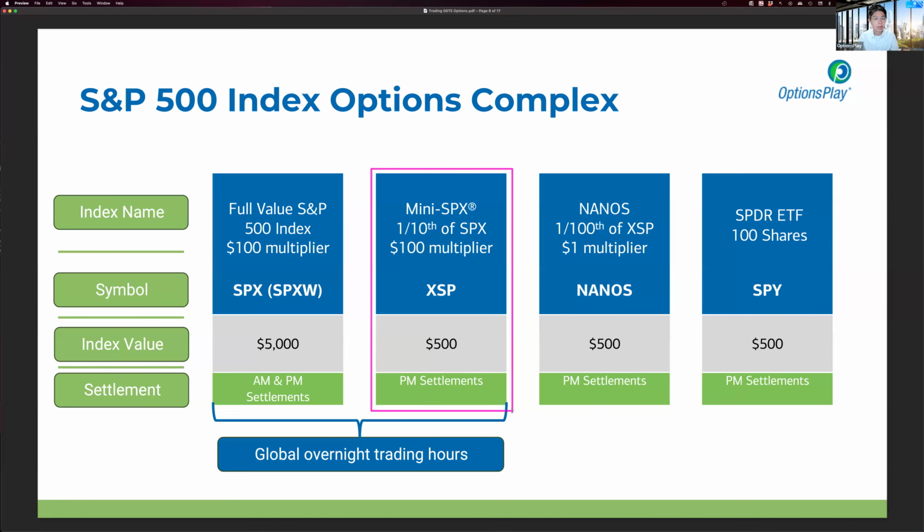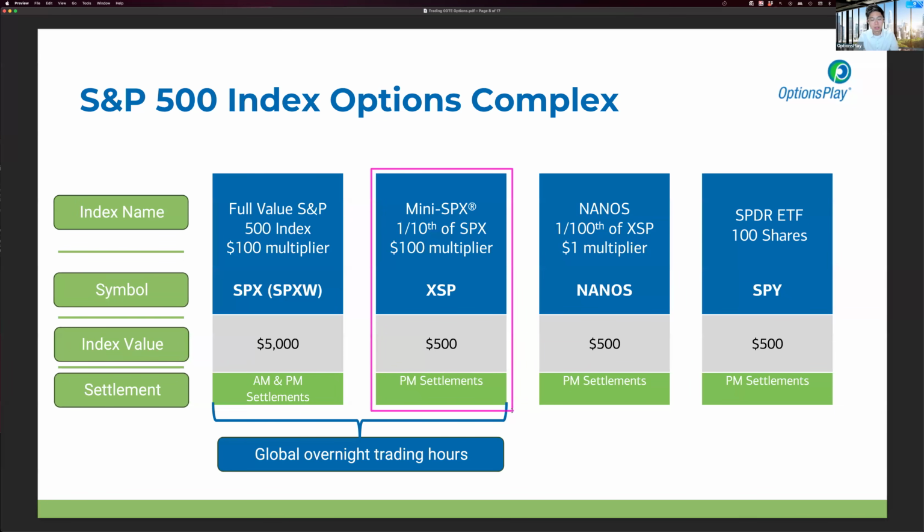XSP is simply 1/10 the size of SPX, so it's still a $100 multiplier on the contract, but it's a $500 value index. So it tracks the S&P 500 at exactly 1/10 the value. On a 100 multiplier, you basically get the same benefits of SPX, but at 1/10 the price.